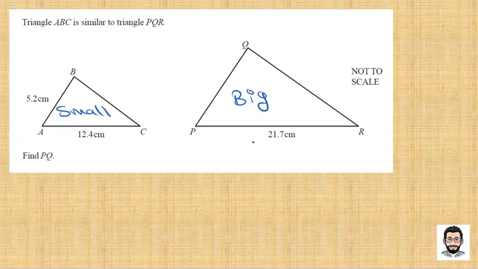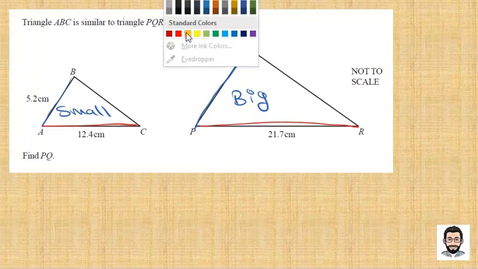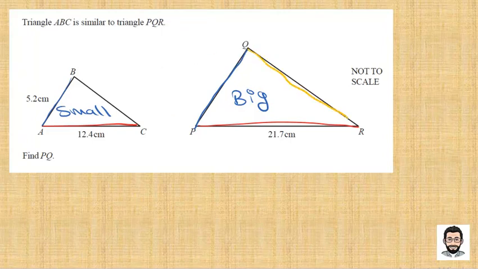And we have here, this is corresponding to this, and this one is corresponding to this one. Means the same places. Okay, and this one is corresponding to this one.